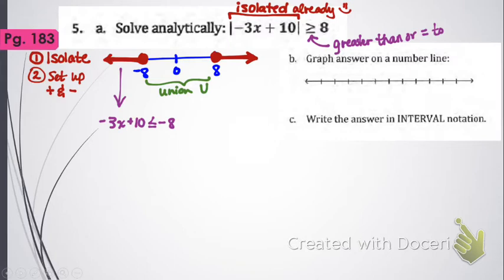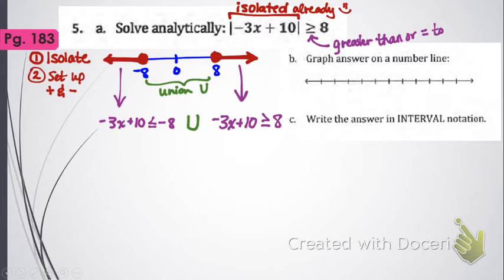Yes. So over here is also where negative 3x plus 10 could live. We've got a union in between these two things. Is this one shaded to the left? Shaded to the right. What inequality do I use when we're shading to the right? That's a greater than. So greater than or equal to 8 here.